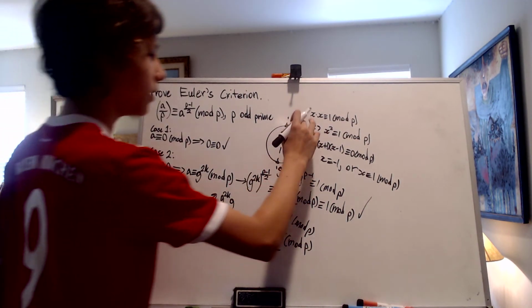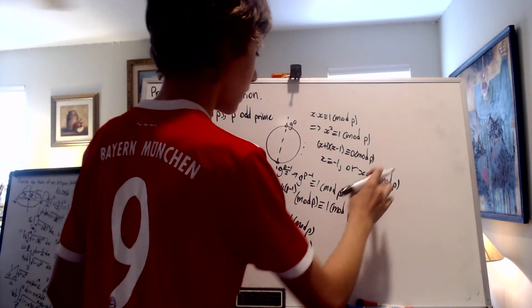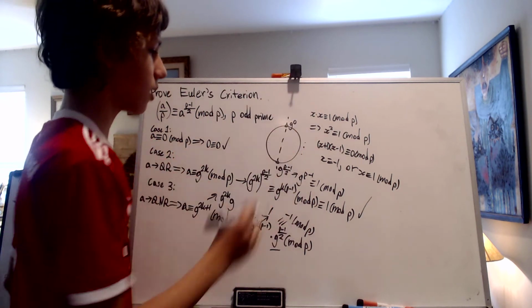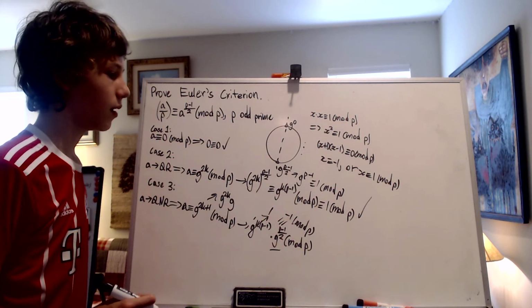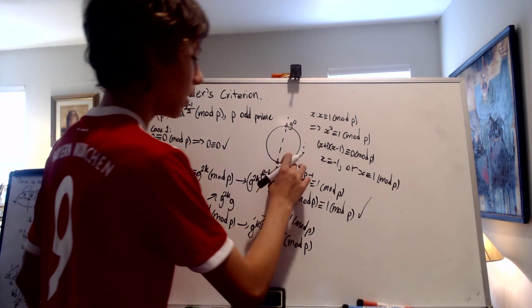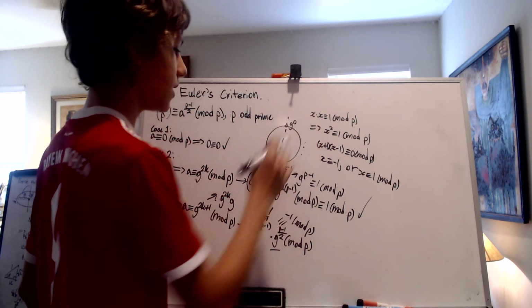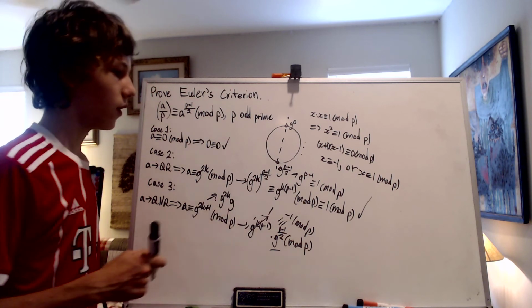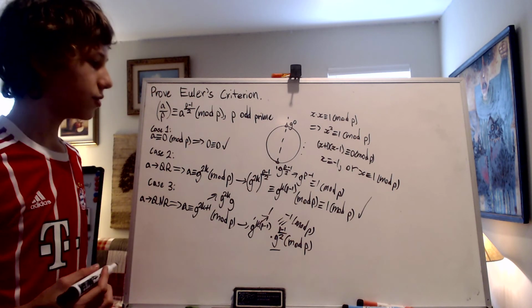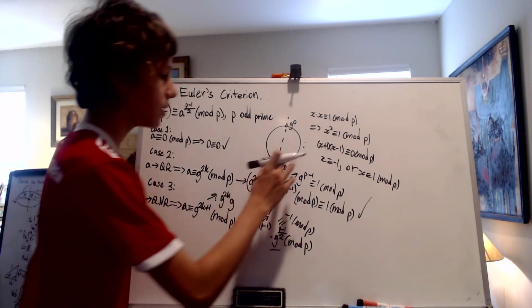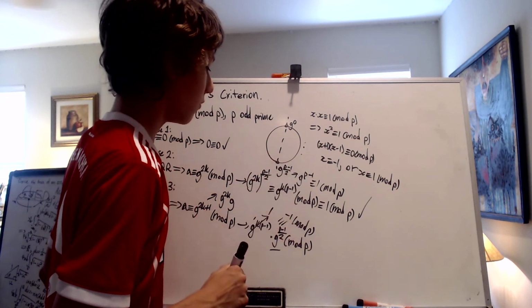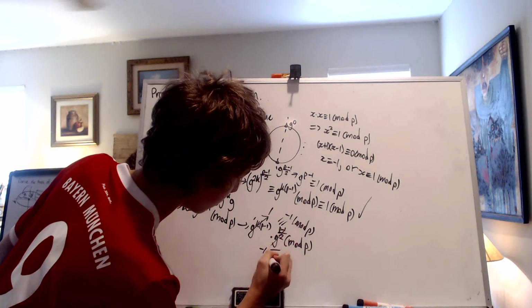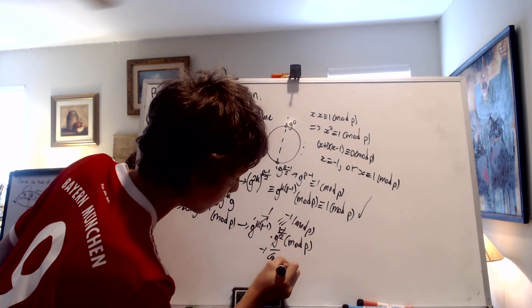But we've already accounted for the case where x is congruent to 1 mod p, and since these have to be distinct mod p, they generate all of the non-zero residues mod p. So this has to be -1 mod p. Therefore, this is going to be -1 mod p.